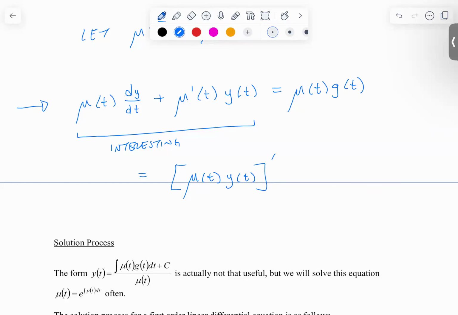as the whole thing, all right, the derivative, right? Mu of t times y of t, prime. That's what that actually is.